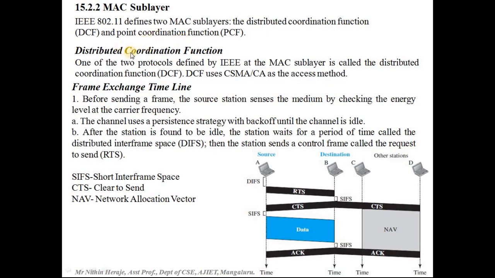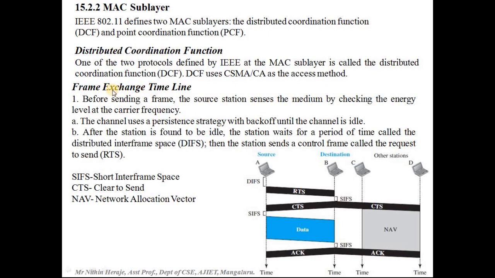So let's see what is distributed coordination function. The two protocols defined by IEEE at the MAC sublayer are DCF and PCF. DCF is one of the protocols, and it uses CSMA-CA as the access method.